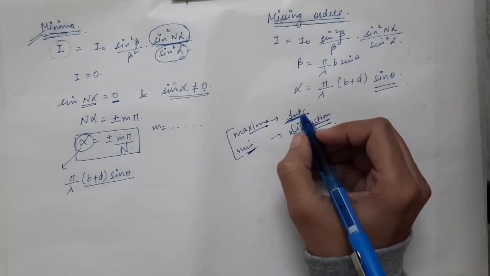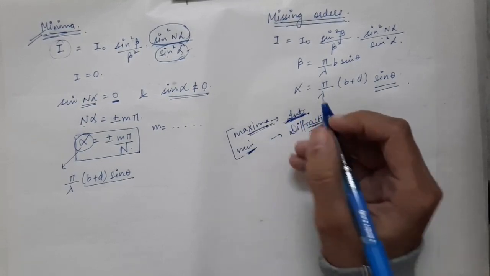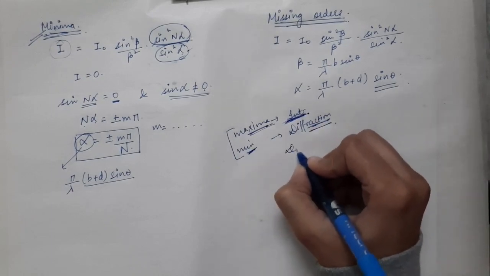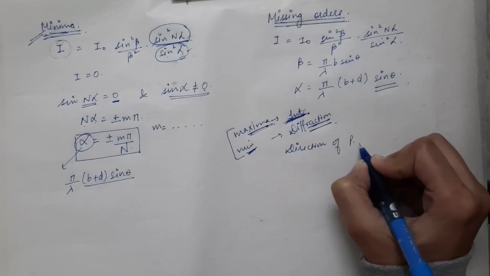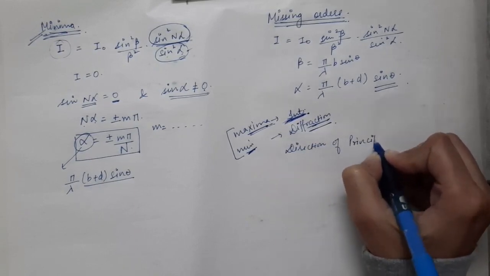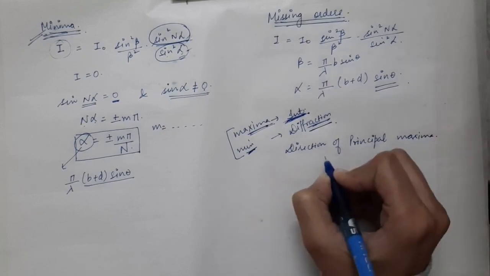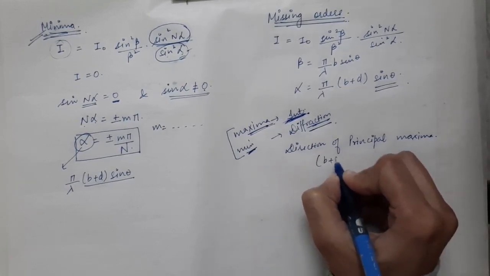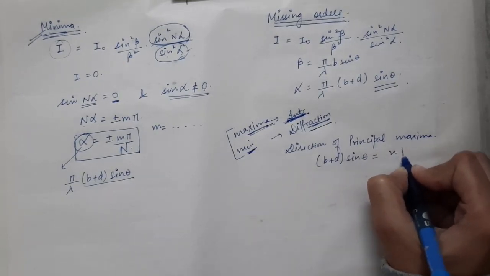So now we have to write the condition of the maxima which is obtained due to interference. So the direction of principal maxima is given by b plus d sine theta equal to n lambda.